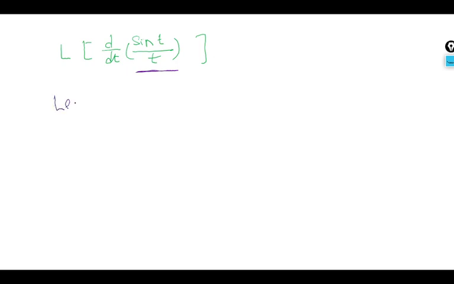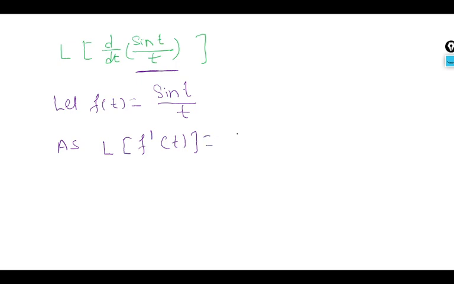So let f of t be sine t upon t, and we want Laplace of f dash t only. So Laplace of f dash of t is sFs minus f of 0.